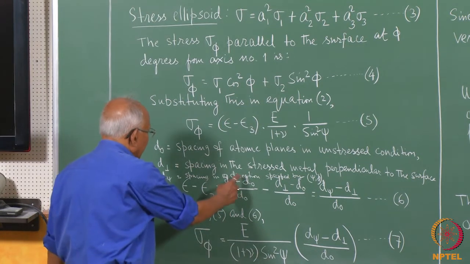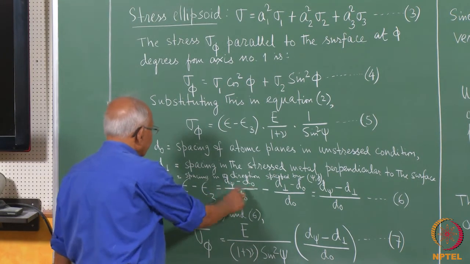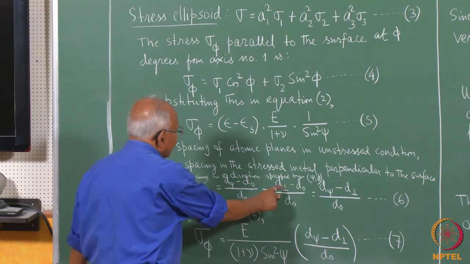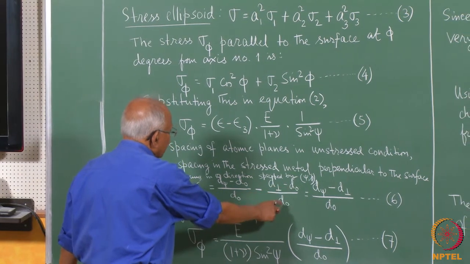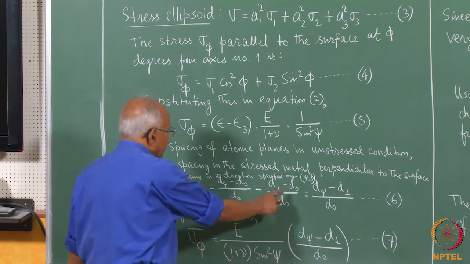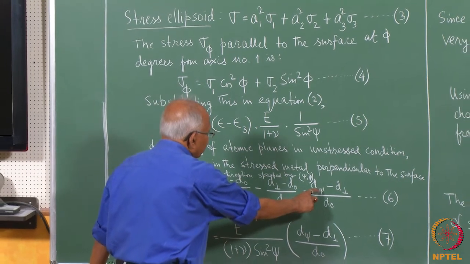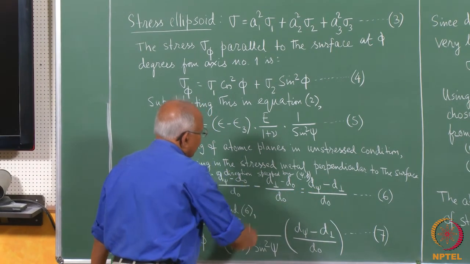This value of epsilon minus epsilon 3 can also be written as d perpendicular minus d0 by d0, that is equal to d psi minus d perpendicular by d0.